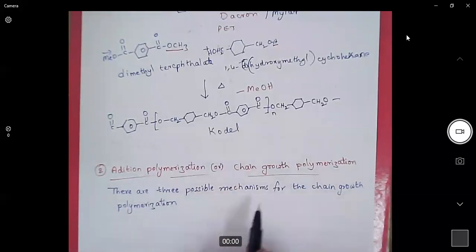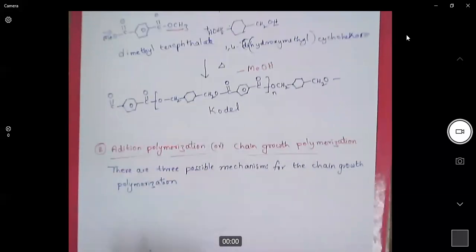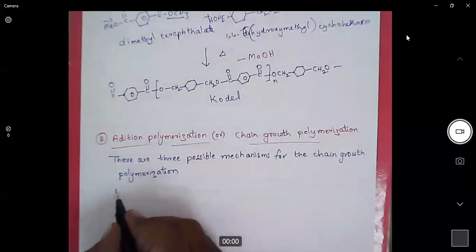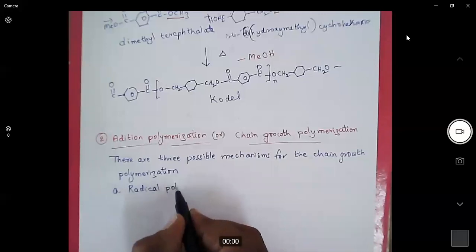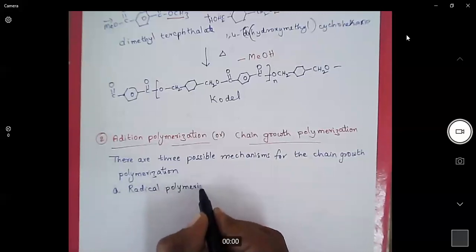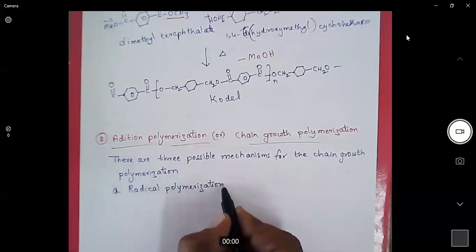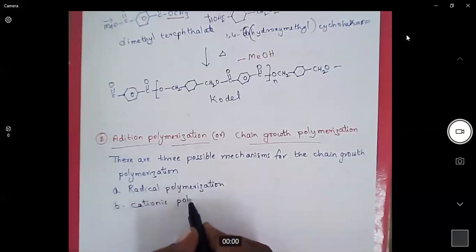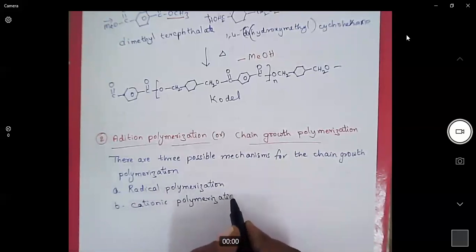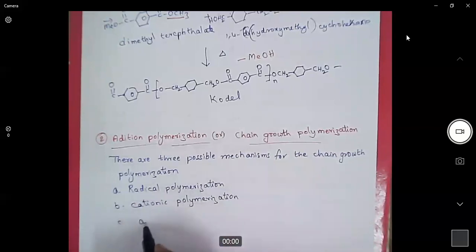Now, there are three possible mechanisms for chain growth polymerization. They are radical polymerization, cationic polymerization, and anionic polymerization.